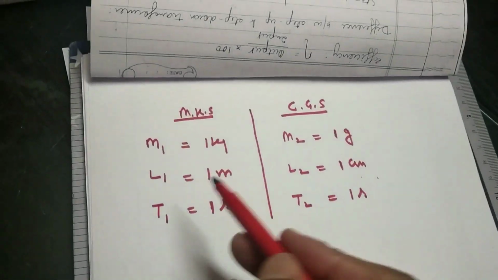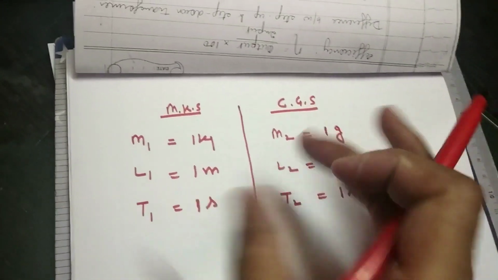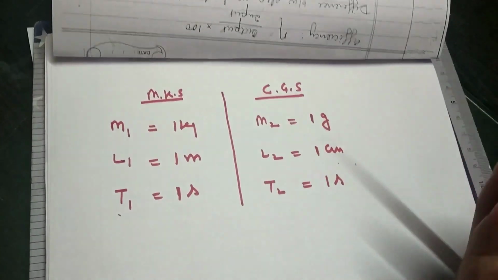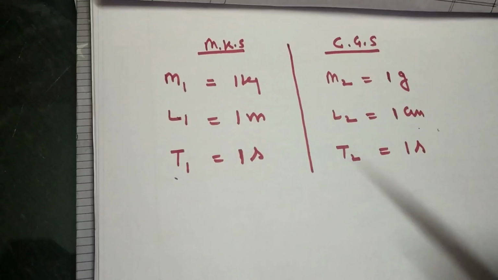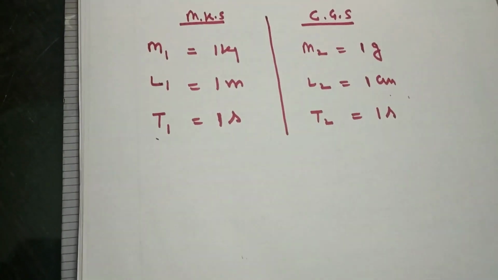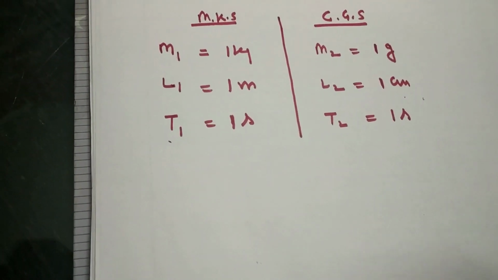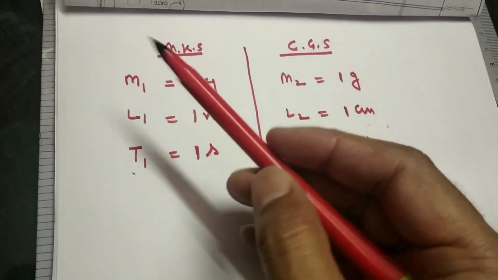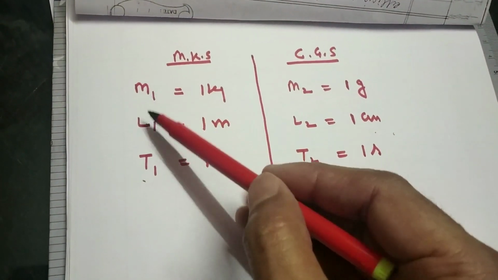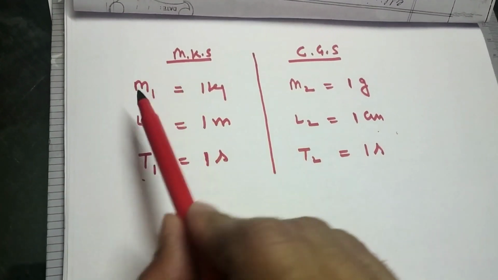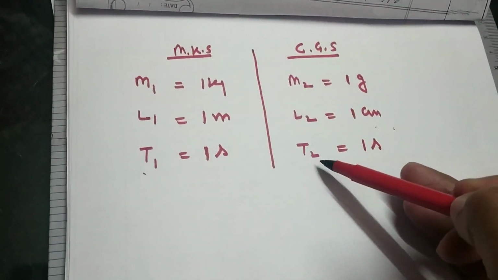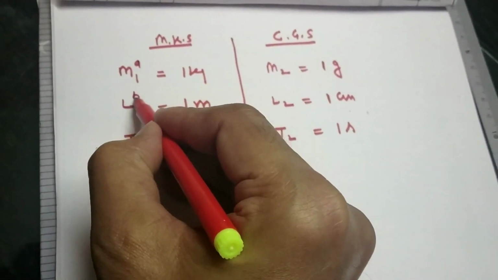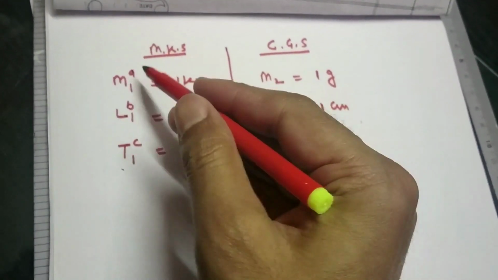Clear? And the dimension formula, suppose the quantity is made by MLT, because dimensions are always made by MLT or by SI units. In the SI unit system, whatever quantities there are, we convert them into the SI system and make the dimension formula. So suppose in MKS we start from the fundamental quantities MLT. Here also we are taking MLT, and the dimensions here we are taking A, B and C. These are the dimensions.